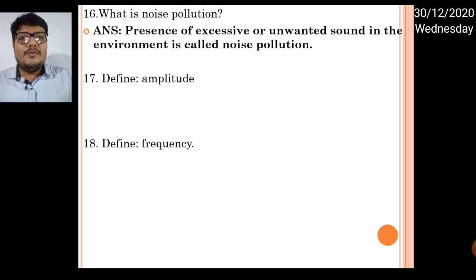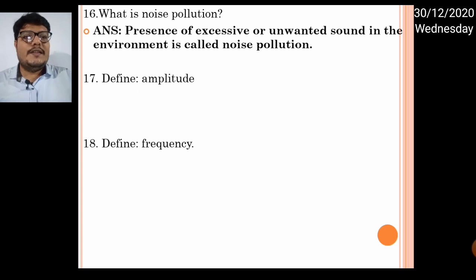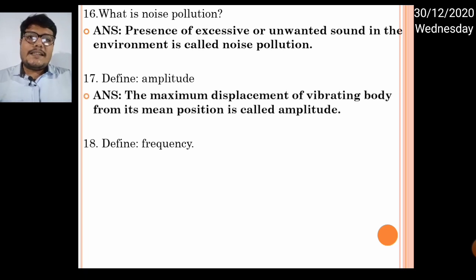Next one is amplitude, the maximum displacement of a vibrating body, right? The maximum displacement of a vibrating body from its mean position is known as amplitude. See here, the maximum displacement of a vibrating body from its mean position is called amplitude.